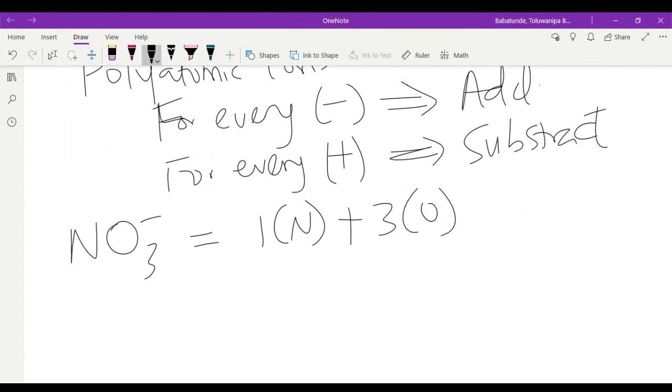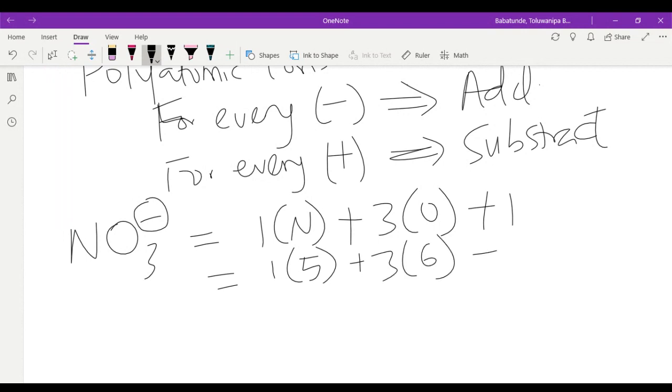And remember, this is a negative, so what do we do? We add. So it's going to be 1 into 5 plus 3 into 6 plus 1. So we have 5 plus 18 plus 1, and that gives us 24.